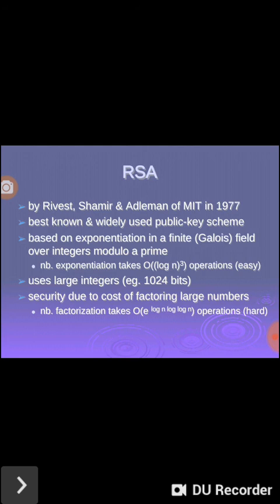This is the best known and most widely used public key scheme, and it is based on exponentiation in a finite field over integers modulo a prime. The exponentiation takes O(log n) cube operations easily, and it uses large integers, for example 1024 bits, and its security is due to the cost of factoring large numbers.